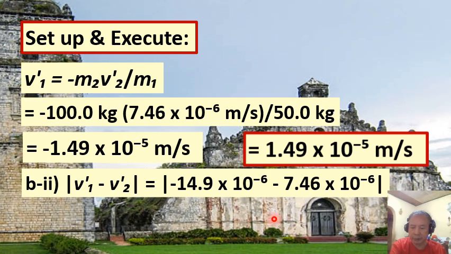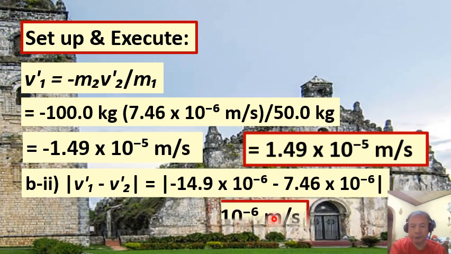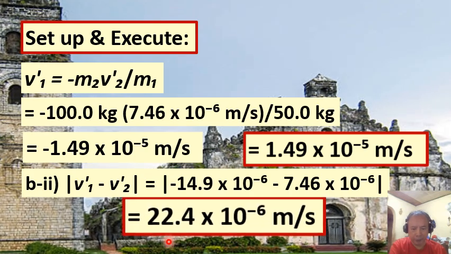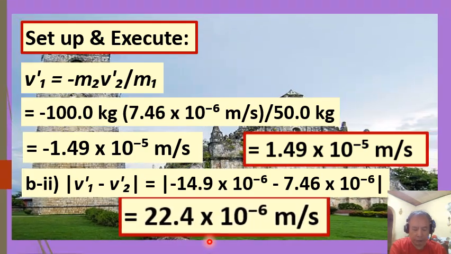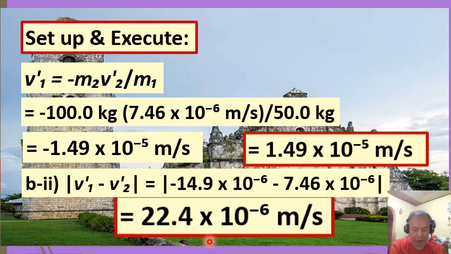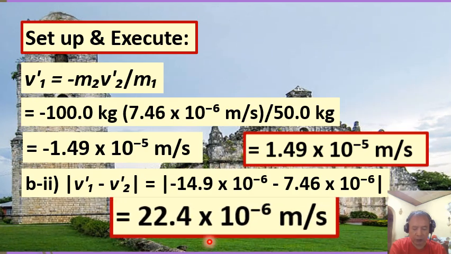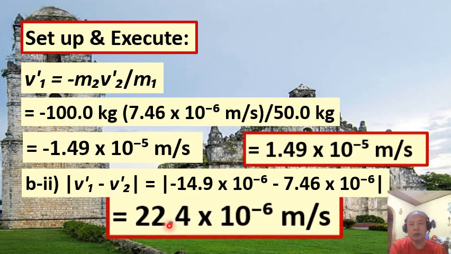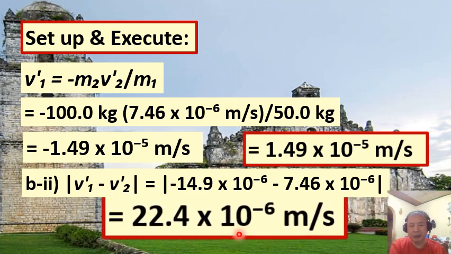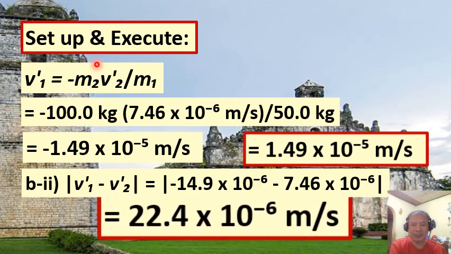So we get the magnitude of the relative velocity with which one sphere is approaching the other equal to 22.4 times 10 to the negative 6 meters per second.